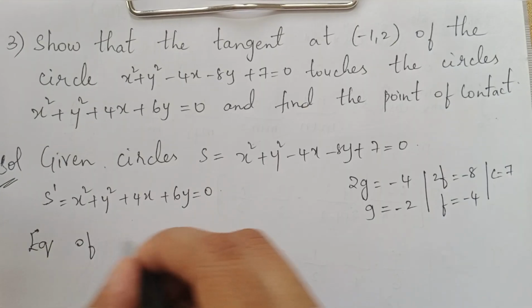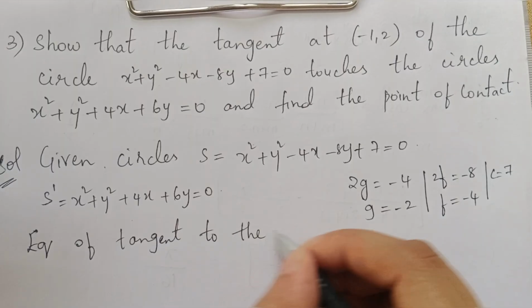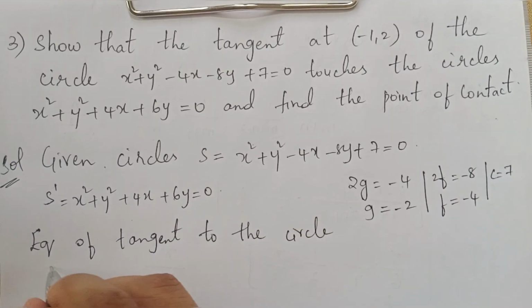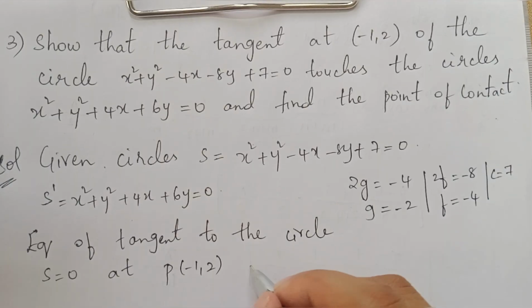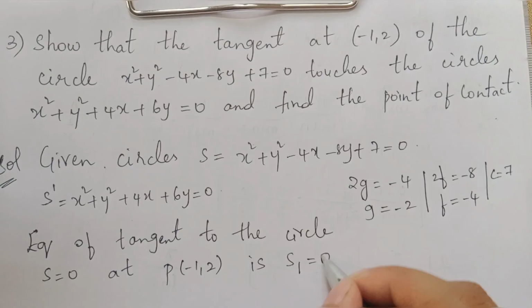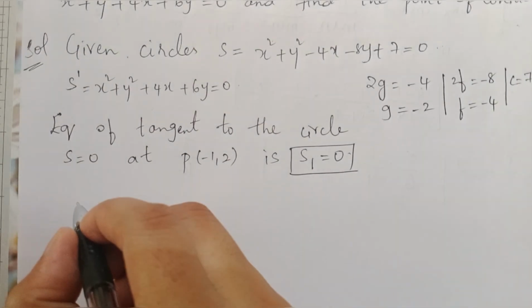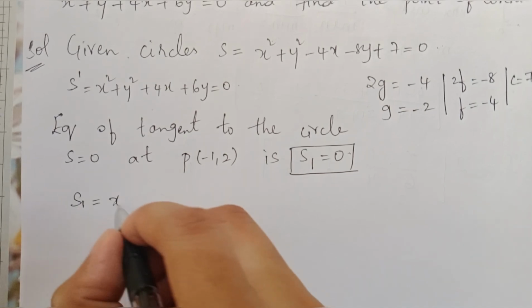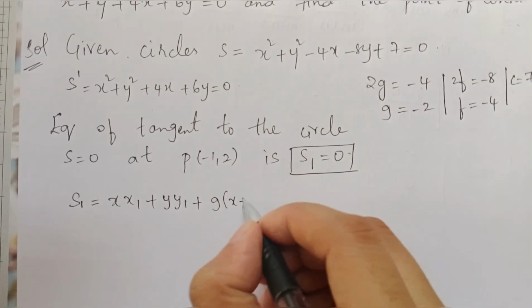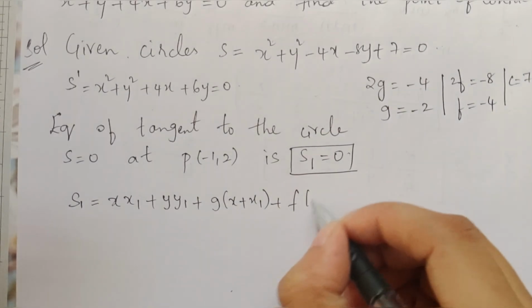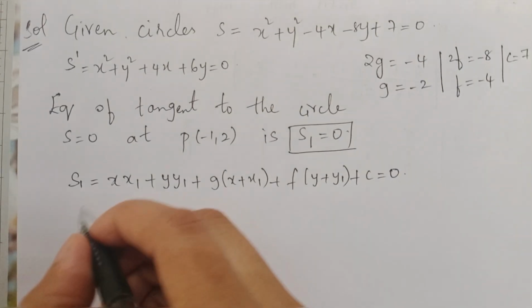Equation of tangent to the circle S = 0 at the point (-1, 2) is S1 = 0. So S1 is given by the formula xx1 + yy1 + g(x + x1) + f(y + y1) + c = 0.